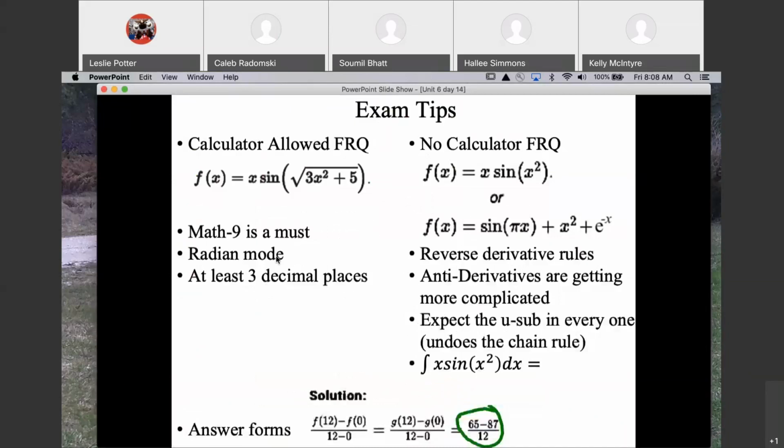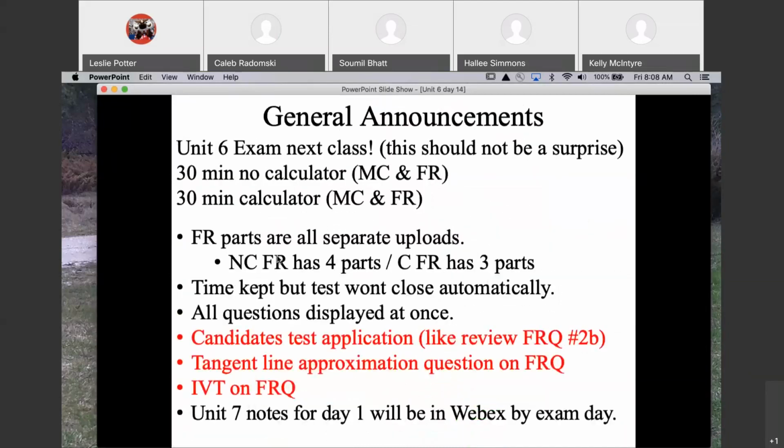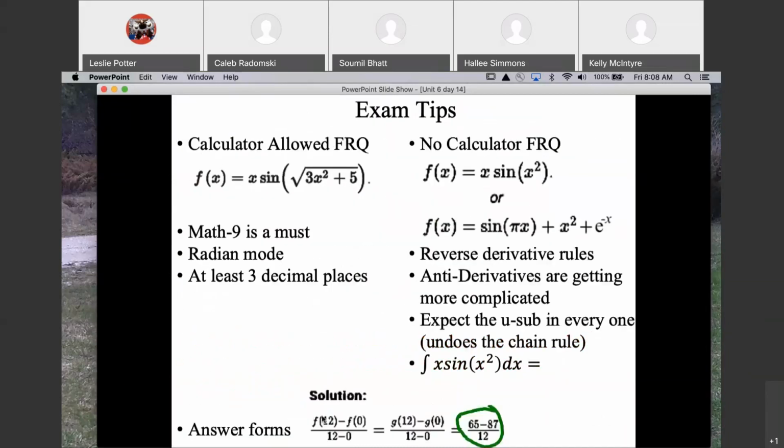Okay, before we leave this slide, down here, you remember these answer forms are still okay. In particular, if you have a definite integral and you plug in the upper bound, then you subtract and you plug in the lower bound, you can just leave it like that with all the numbers there.